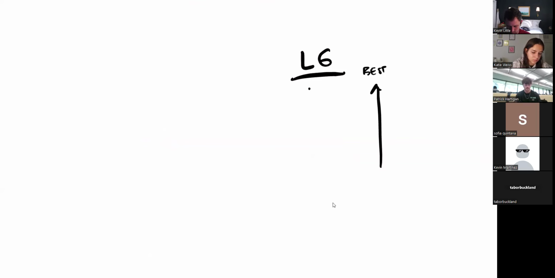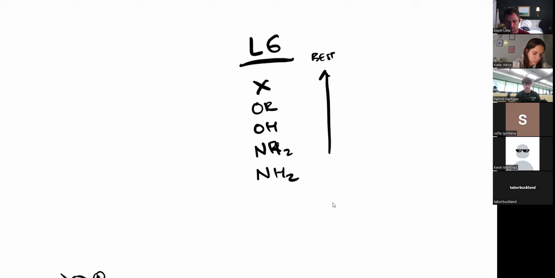The best leaving groups are going to be OR to OH, to NR2 to NH2, and then halogens will be the best leaving groups. So that's leaving groups, and then kicking groups, we favor OHs, OR, NH2s to NR.